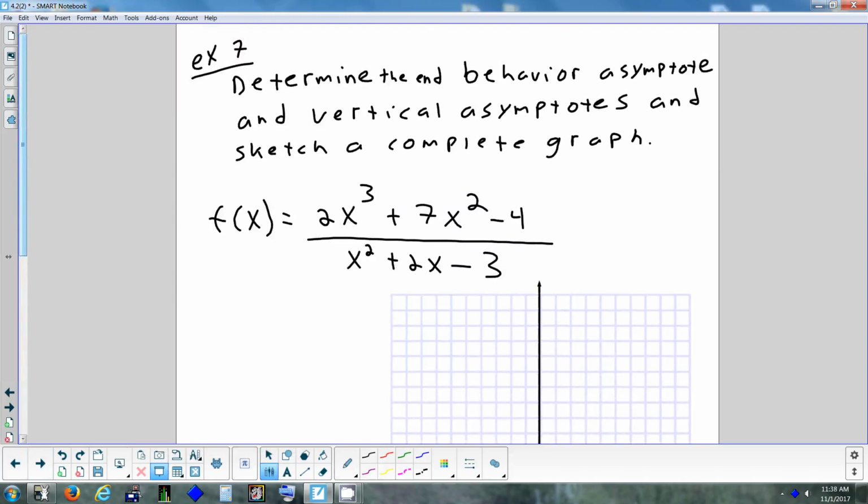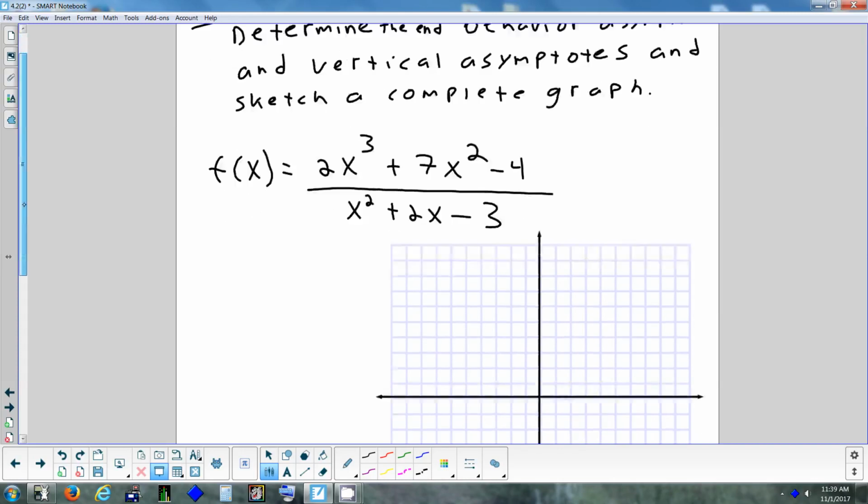All right, let's just do it in the order they asked for it, the EBA. How do you find the EBA? Long division. Why not synthetic? Because it's not x minus a number. You can't use synthetic here.